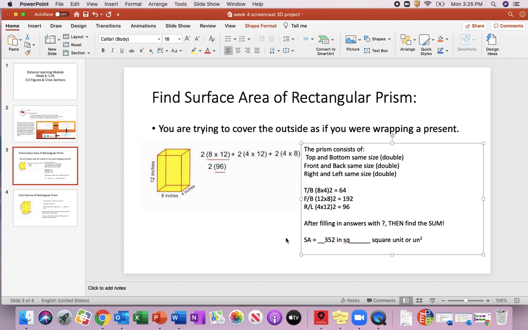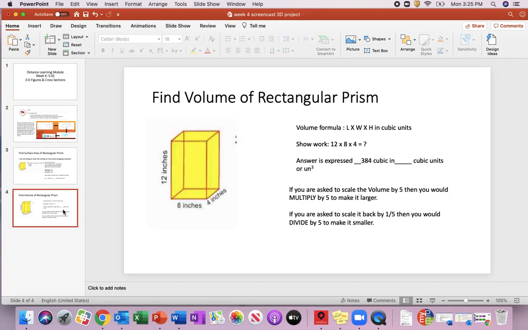Okay, I'm going to skip your question 4 and go on to question 5 with volume. I'm going to answer question 4 and 6 here on the volume slide. So again, finding the volume of a rectangular prism, it's the same picture we found the surface area of, a 12-inch by 8-inch by 4-inch rectangular prism. Basic box.